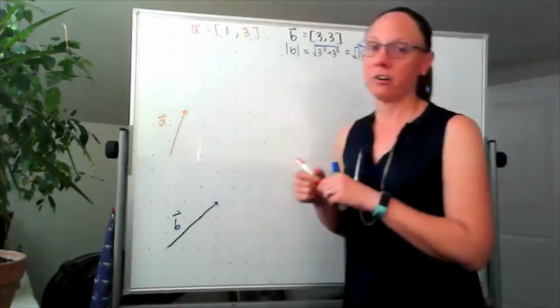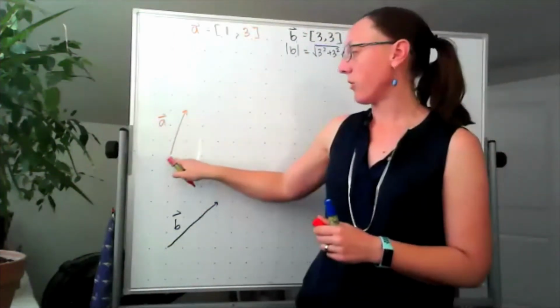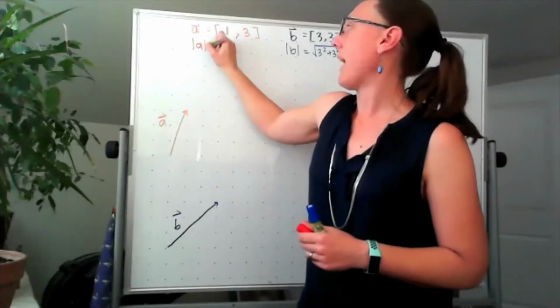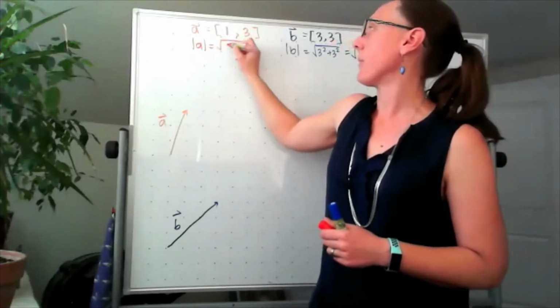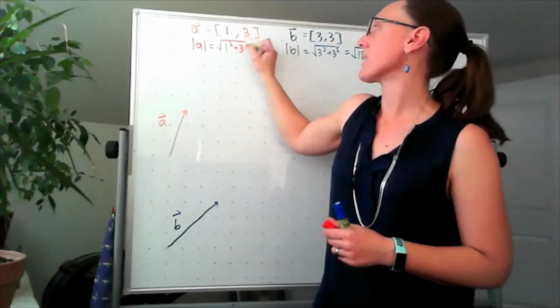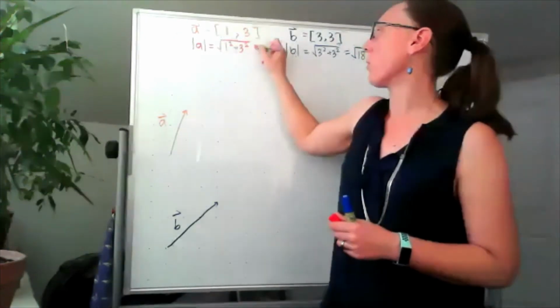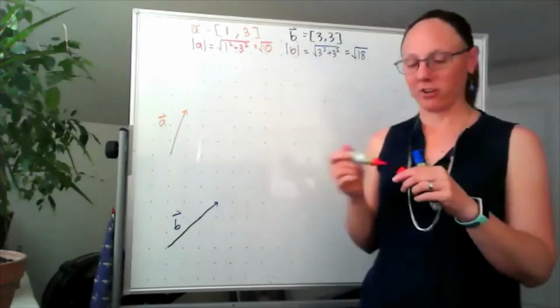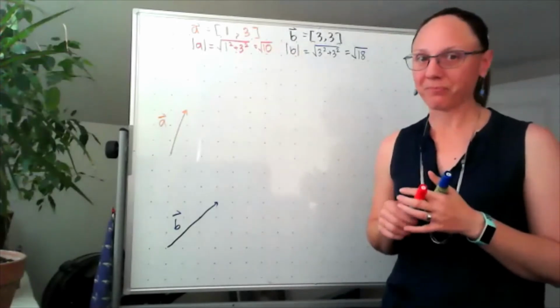For my A vector, it's a triangle that's 1 to the right and up 3. So the length of A, using the Pythagorean theorem, would be 1 squared plus 3 squared, or the square root of 10. There's my A vector and my B vector.